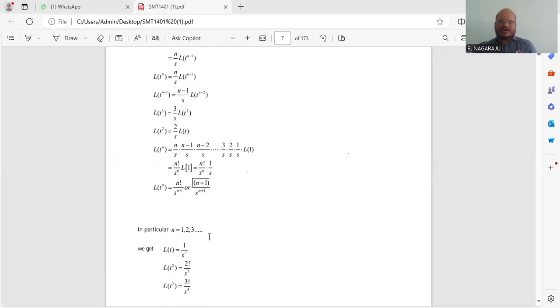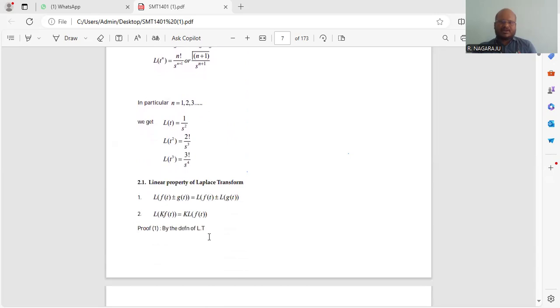Okay. And next, L of some linear properties are there. For these linear properties, we have addition, subtraction, and multiplication with a constant. So addition: here the problem is L of f of t plus or minus g of t. You can split it.